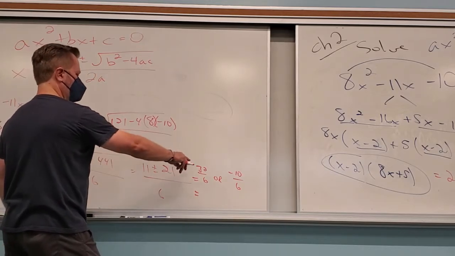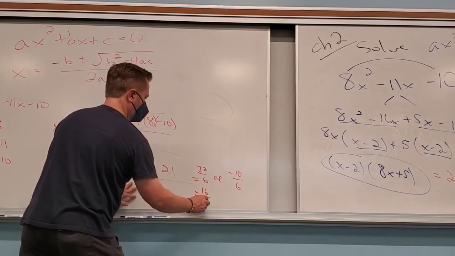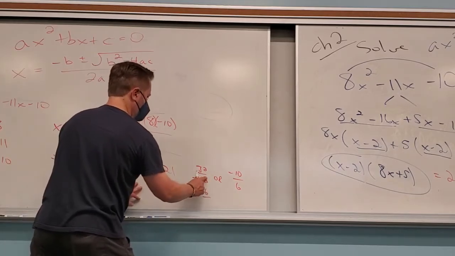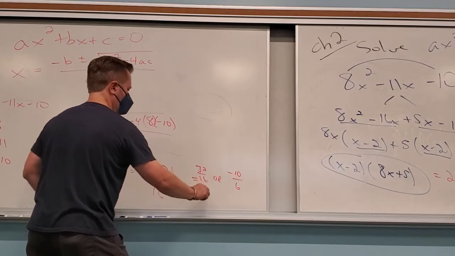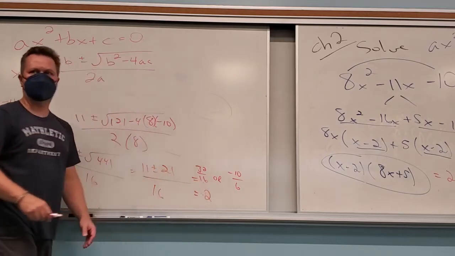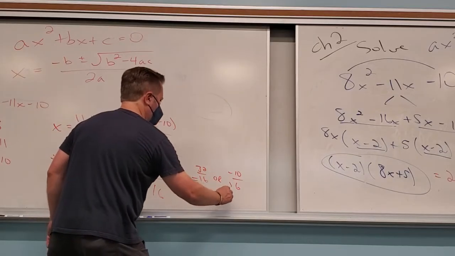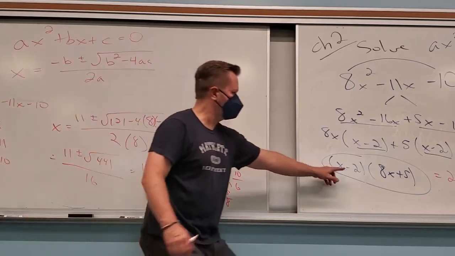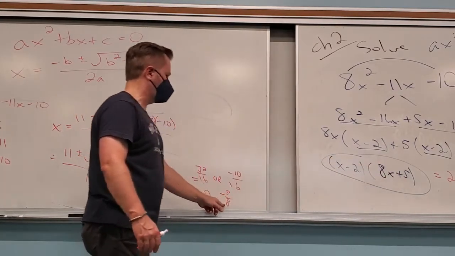Oh, 16, thank you, that's what's messing me up. All right, that's better. 32 over 16 is just 2. And negative 10 over 16 is negative 5 over 8 if you reduce it, is that cool? And wouldn't you get 2? And wouldn't you get subtract 5, divide by 8, negative 5/8?